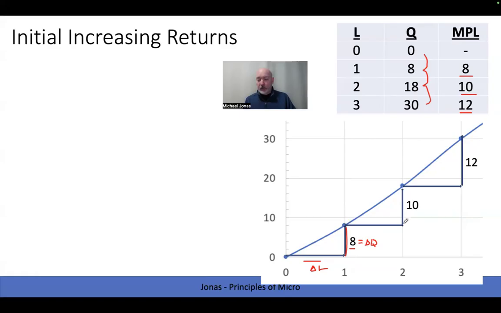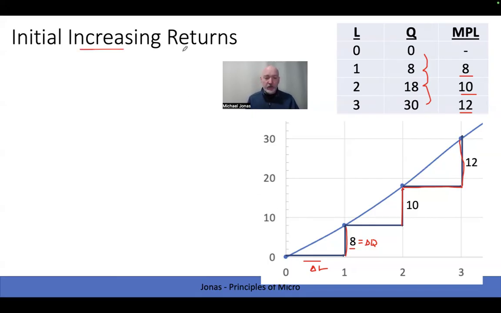And that's what's increasing. So the next worker adds a little bit more, so it steepens that function. The third worker adds 12, gets a little bit steeper still, so it gets hard to pick up in the graph, but the slope of that function is the marginal product, and it's getting steeper and steeper.